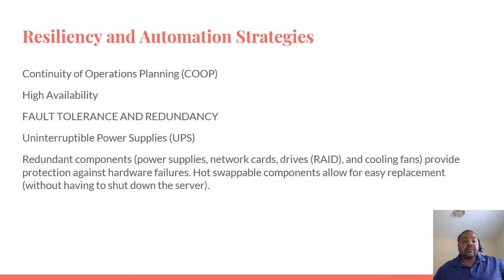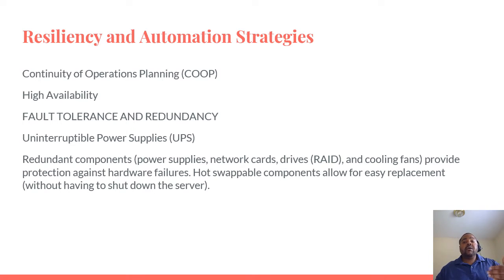That section also talked about redundant components: network cards, drives, and cooling fans on your servers. You want to have multiple drives, and just in case any one of those goes bad, you could pull one out and still run off the other five, let's say, then replace the one that's bad and keep it moving.